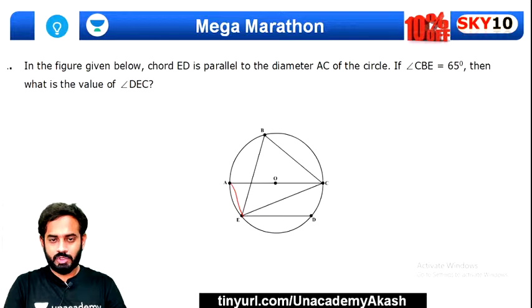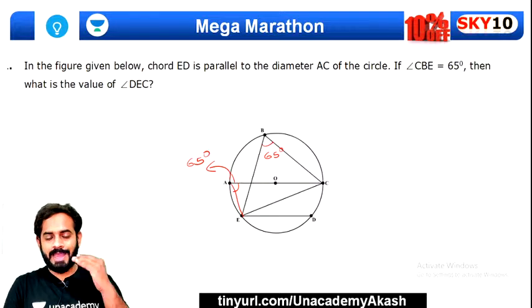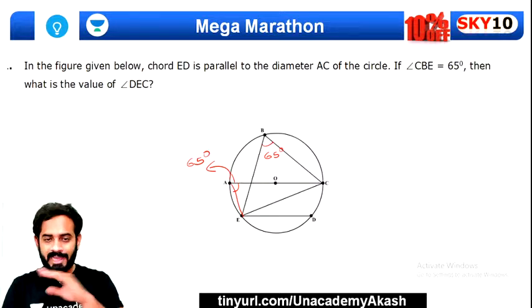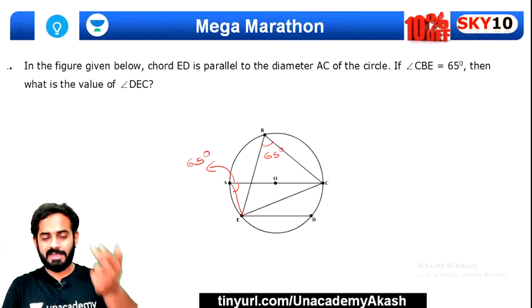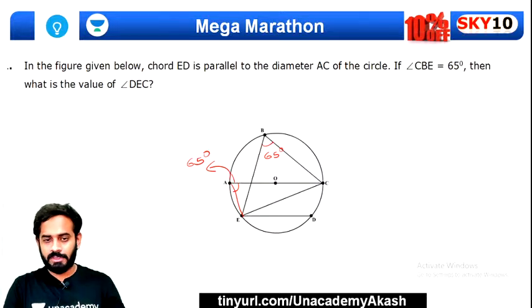That is, these two angles will be equal because these are the angles subtended by this chord. If this is 65 degrees, this angle will also be 65 degrees. Now the second concept is, the angle subtended by a diameter on the circumference is always 90 degrees. It means that this angle will be 90 degrees.